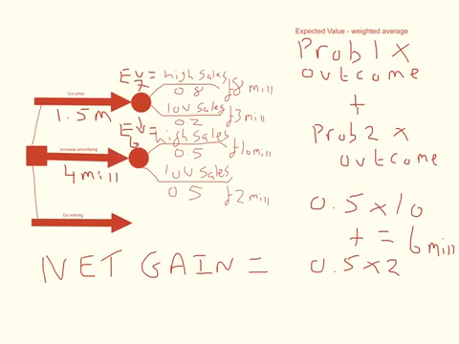So it's a simple formula really, it's just the expected value minus the cost. So the net gain of choosing to cut the price would simply be 7 million minus 1.5, which is going to give us a net gain for option 1 of 5.5 million.